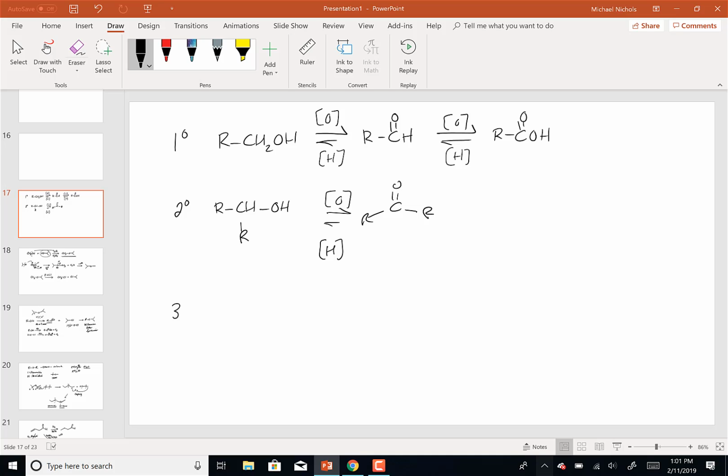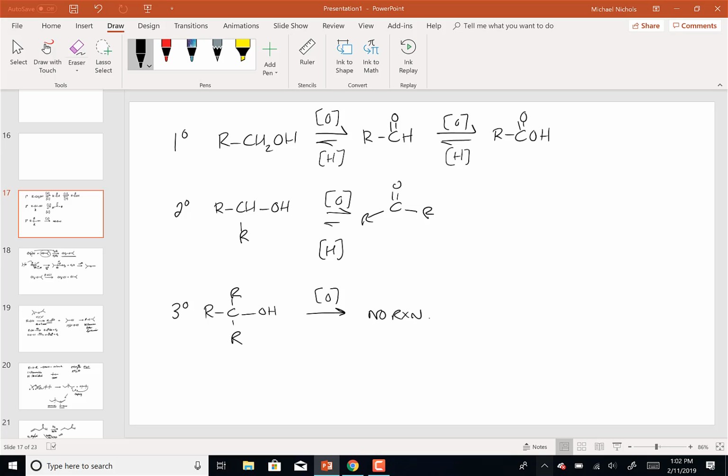A tertiary alcohol, when you try and oxidize it, you get basically no reaction, because you can't form a carbon-oxygen double bond. That'll give you 5 bonds. So tertiary alcohols can't be oxidized, but secondaries and primaries can. So these are kind of the oxidation and reduction schemes that we've seen.